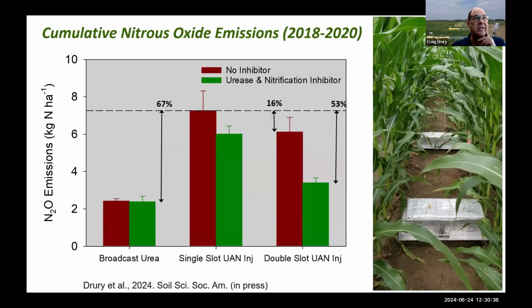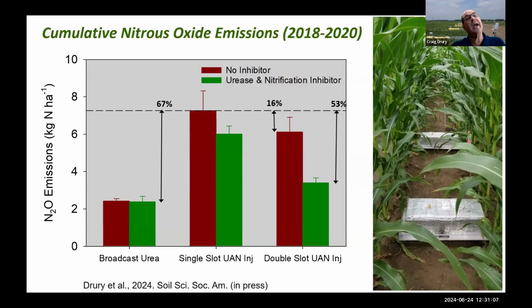I'll just go through the summary here. If we look at our highest loss, we're losing 7 kilograms of what was applied with single slot UAN injection. With the green, which is the middle green bar, we're decreasing losses by 16%, or the double slot also, the third red bar, decreased by 16%, but double slot injection, a dramatic decrease in losses by 53%.